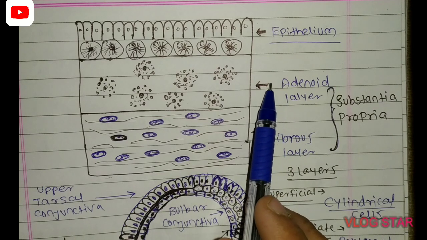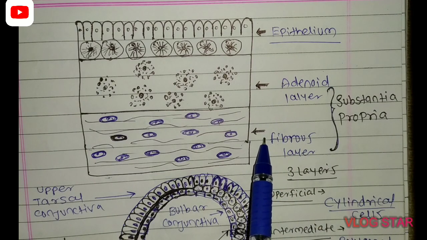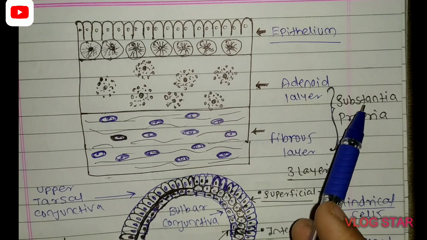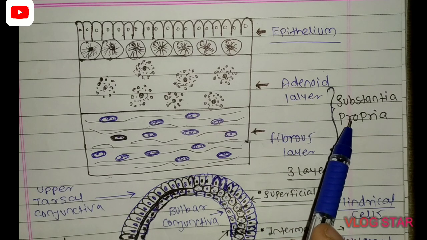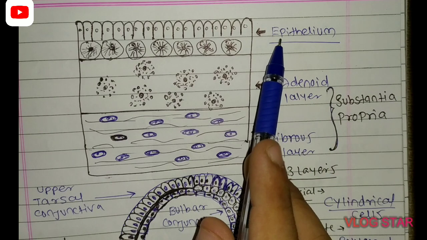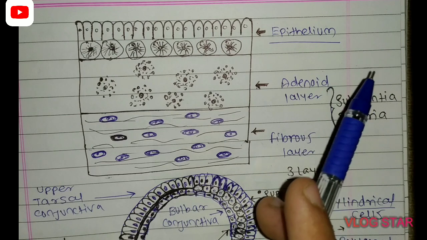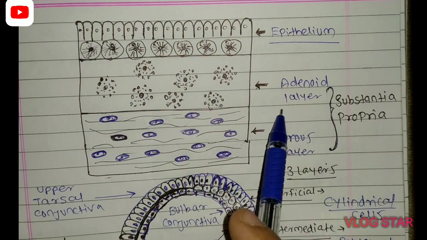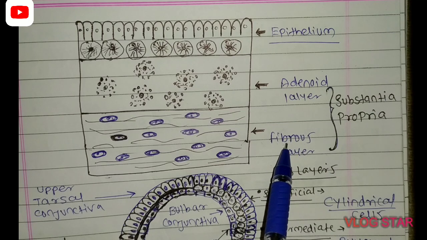The middle and deep layers are together called the substantia propria. So mainly the conjunctiva is formed by two main layers. First is superficial, that is the epithelium, and deep, that is the substantia propria, which further divides into two layers, that is the adenoid layer and the fibrous layer.